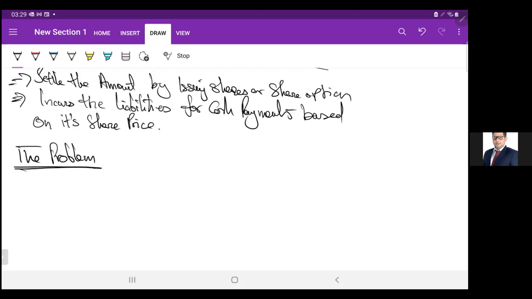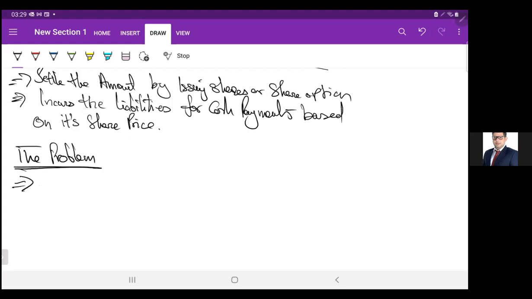So to deal with this accounting anomaly, share-based payment requires that transactions must be recorded in the financial statements when the transactions take place, right? So what was the problem?